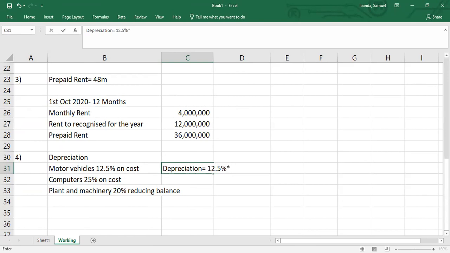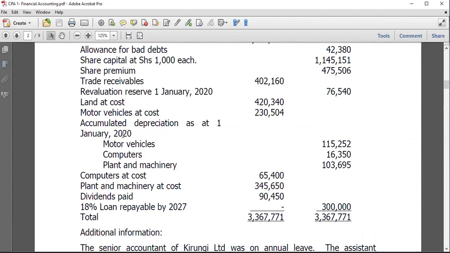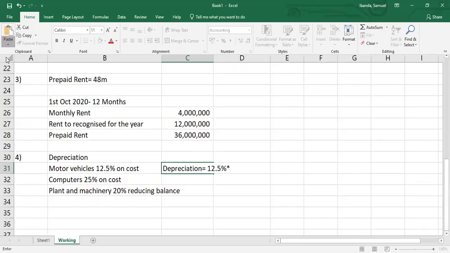Times the cost. So I'll go and look for the cost of this motor vehicle, and it has been provided. So I have motor vehicle at cost. This is what I'll pick, the 230,504. That is what I'll pick and put right there.